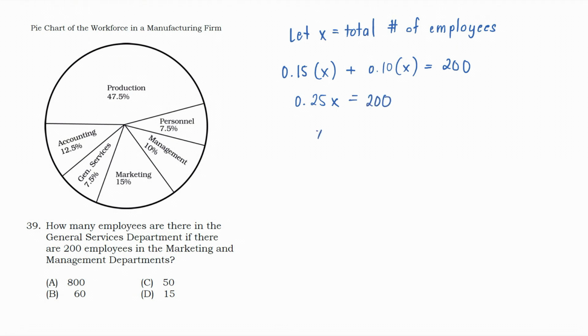And then, X is equal to 200 over 0.25. For this one, yung 0.25 kasi is 1/4. So, equal lang din yan sa 200 times 4. Yan, kasi since nasa baba yung 1/4. So, we have 800. So, yan yung total number of employees, 800.